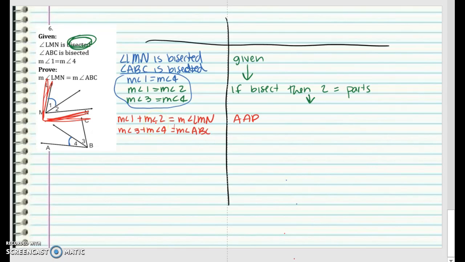So if I know that 1 and 4 are the same, like I can plug in 4 for 1. And I know that 3 and 4 are the same, so maybe I plug in 4 for 3.